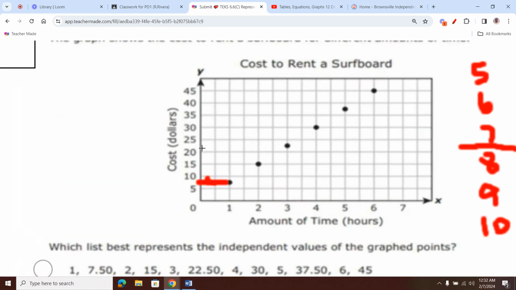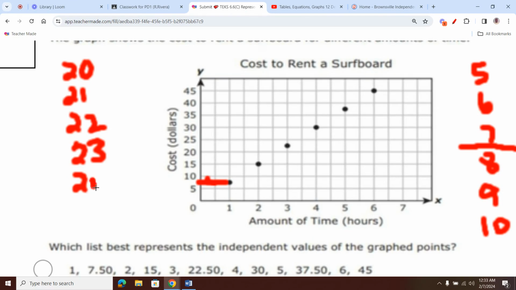Right here between 20 and 25. If I do that again and go, okay, 20, 21, 22, 23, 24, and 25.